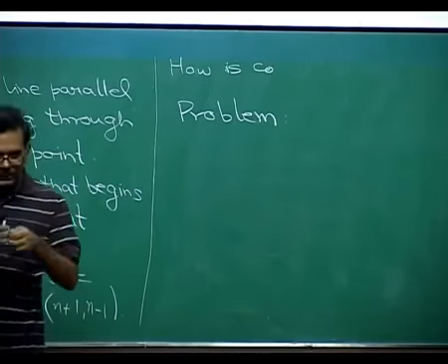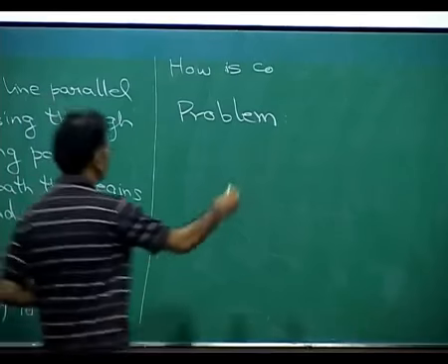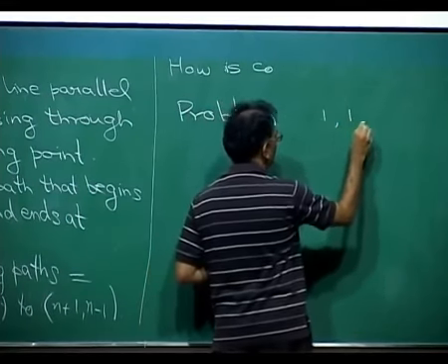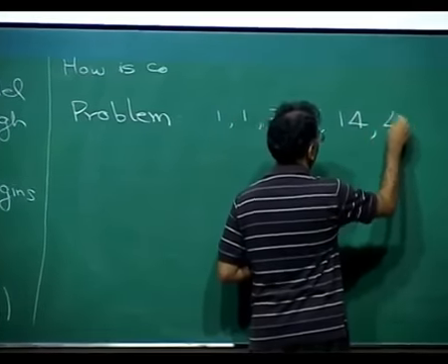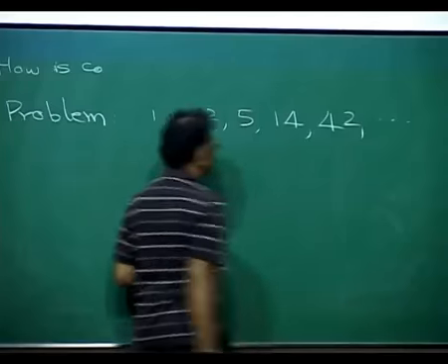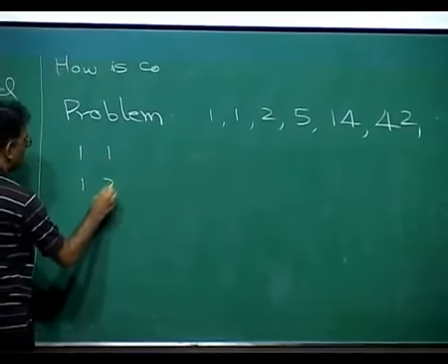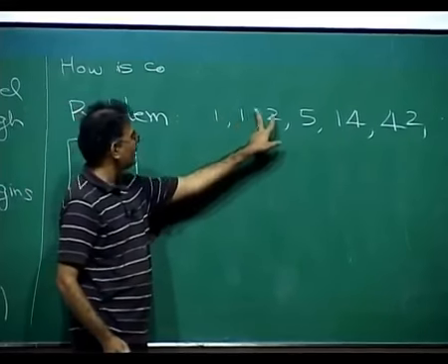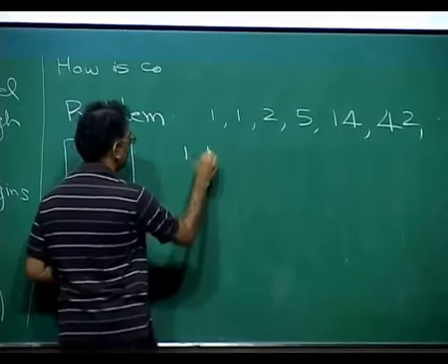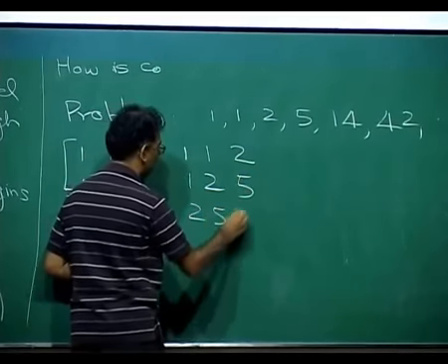This sequence of Catalan numbers that you have, you can form matrices from them. So here is the sequence: 1, 1, 2, 5, 14, 42. You form a matrix by taking 1, 1, 2, then shift. The next matrix is 1, 1, 2, 1, 2, 5, 2, 5, 14.